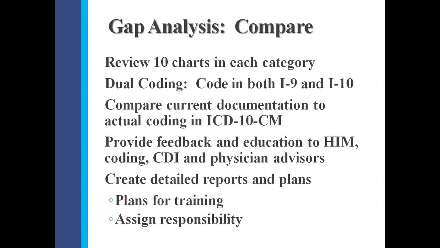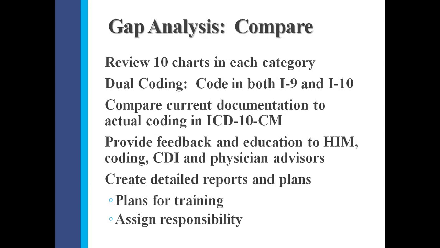Now, as you're doing this, what you want to do is start dual coding. Dual coding takes on a lot of different forms, and people use this a lot. But basically, when I'm talking about dual coding, I'm saying code that chart in ICD-9, then code it again in ICD-10, and look to see if there are any documentation issues to make sure that we're ready for ICD-10.